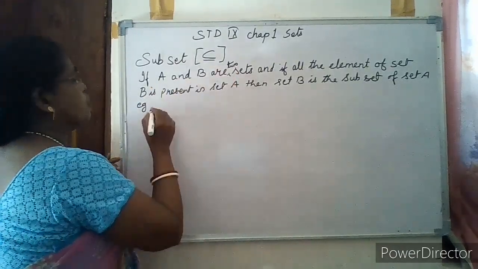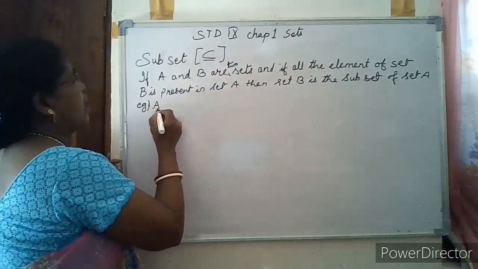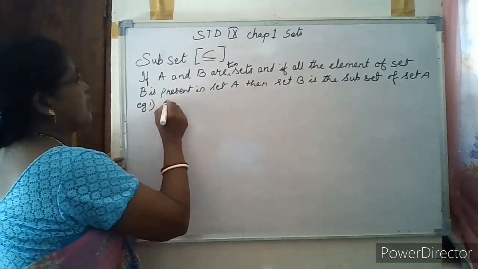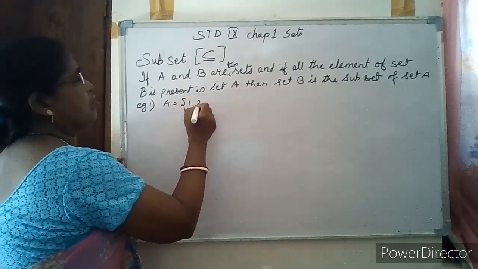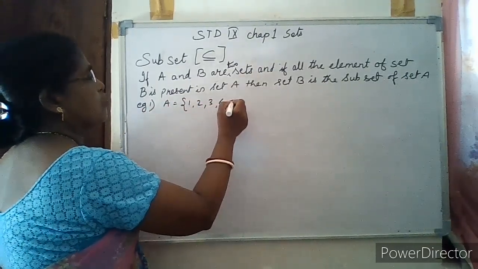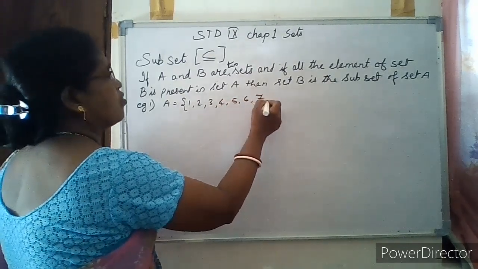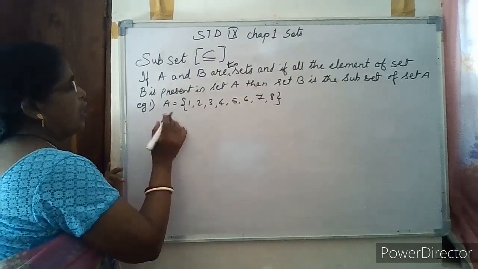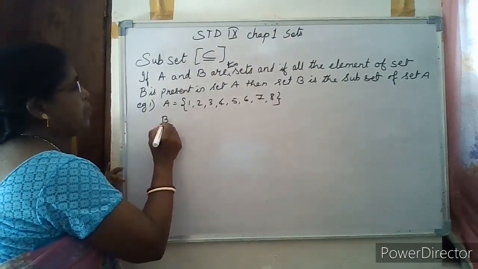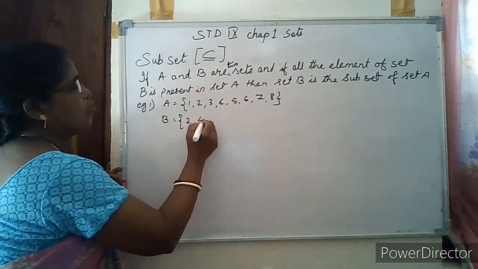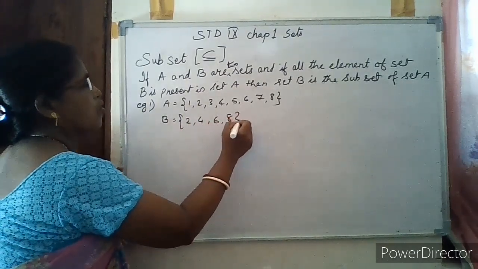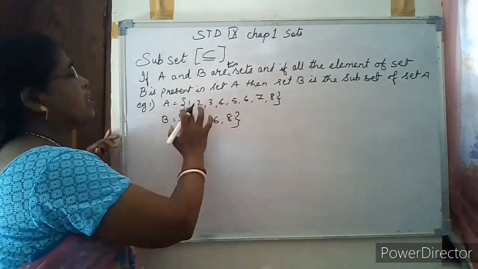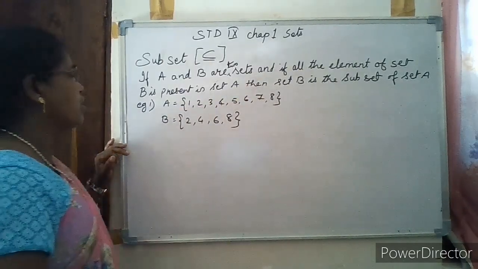A and B are two sets. Let us take an example. This is set A, another set B. Set A contains natural numbers from 1 to 8.